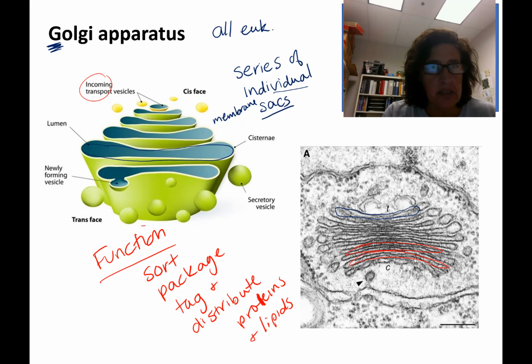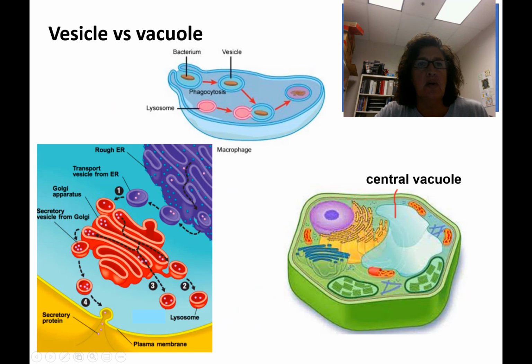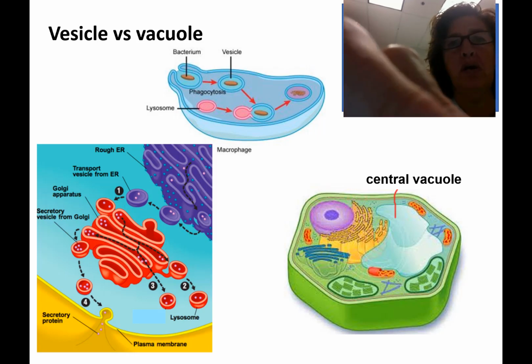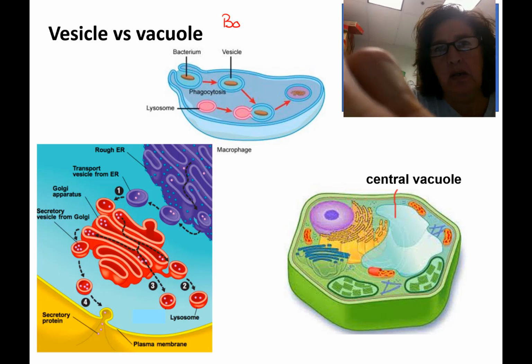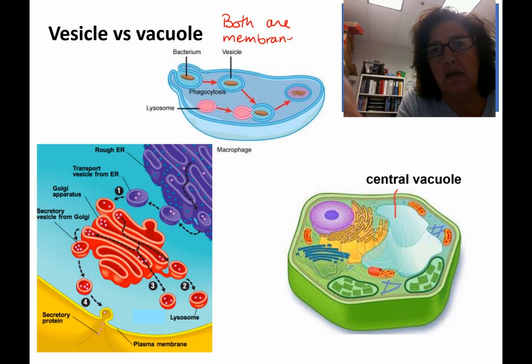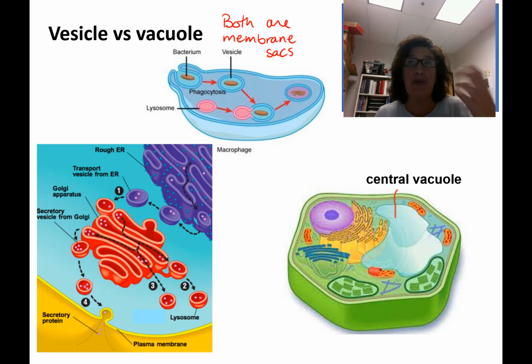So let's talk about these little vesicle things. We have two terms here, vesicle and vacuole. Both are membrane sacs. Okay, so we got lots of membrane sacs.